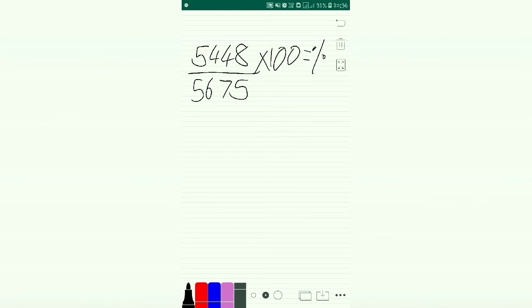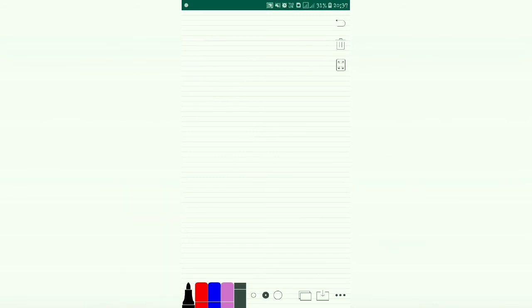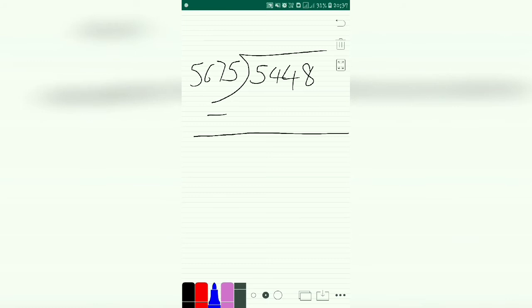As this is a big number, we can do the division manually. Because this number is smaller, it cannot be divided, so we can take a 0, because anything into 0 will be 0, and write the number again.